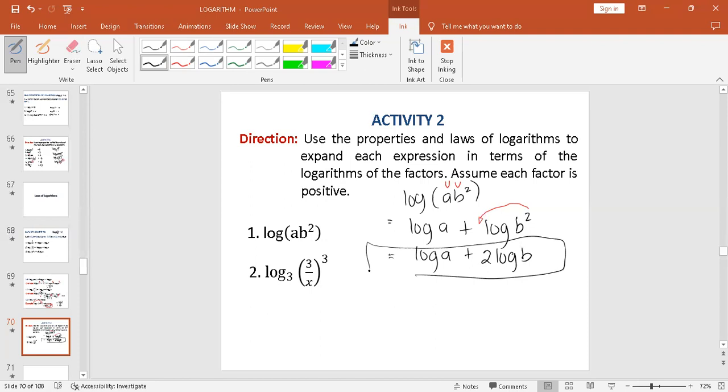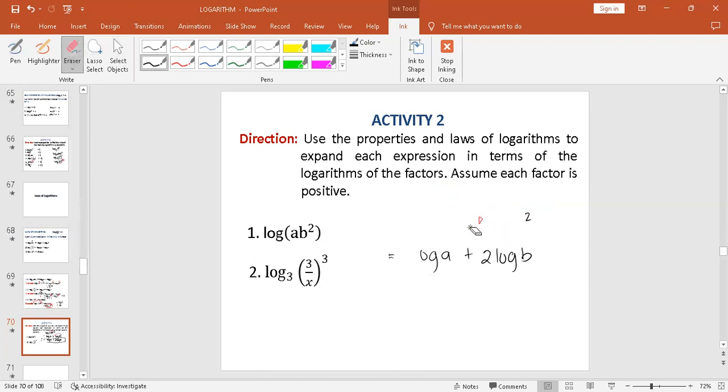Okay? So, let's come now to number 2. Let me erase this first. Number 2, log of 3 over x raised to 3 to the base 3. Okay. Look at the whole term or whole expression.